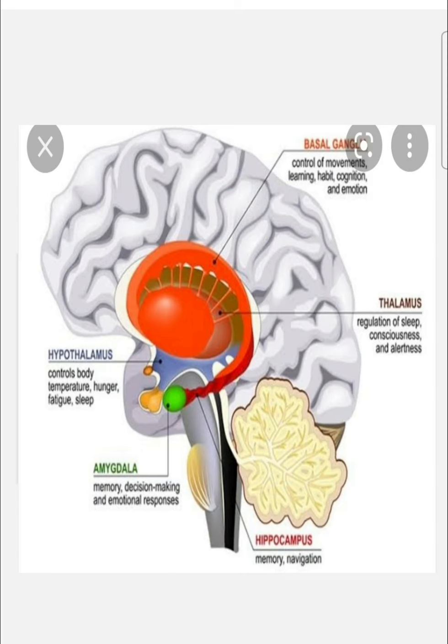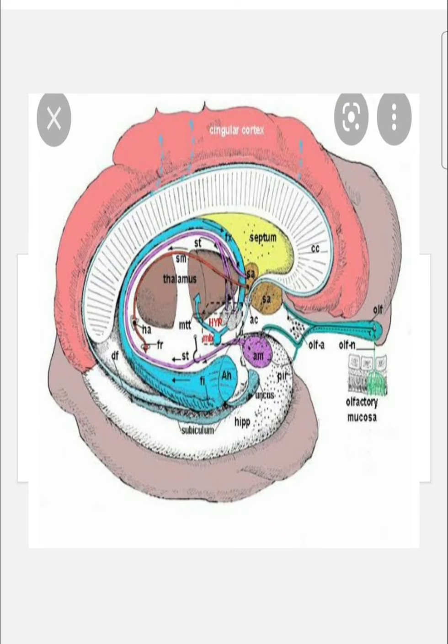This amygdala also comes under the limbic system, and it is actually at the tail of the caudate nucleus of the basal nuclei. This comma-shaped nucleus is known as the caudate nucleus, and its tail is known as the amygdaloid body.